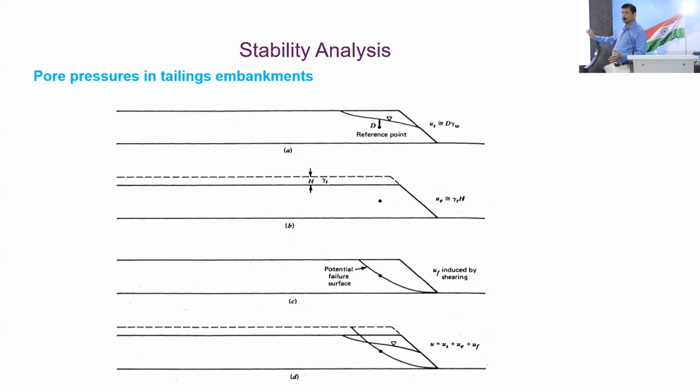So at that particular point, the pore pressure is a combination of all these three: additional load and also failure. That's why the total pore pressure is static load plus excess pore pressure plus shearing pore pressure. This is a very, very simple concept. And that's why when we are raising, we have to estimate all these three things.